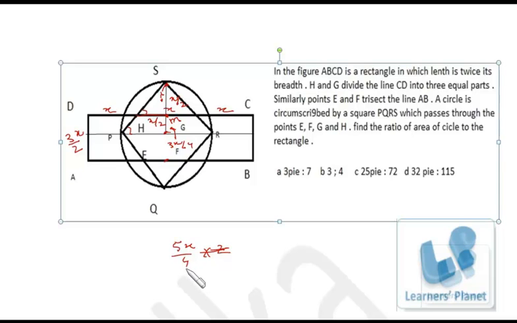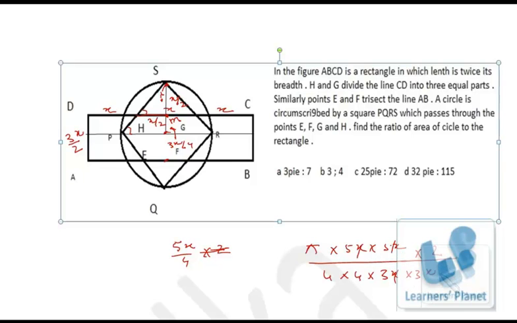Now we have to find out the area of circle and rectangle. So radius of the circle we have got. So area will be pi into 5x by 4 into 5x by 4, pi r square, right? And area of rectangle is 3x into 3x by 2, right?